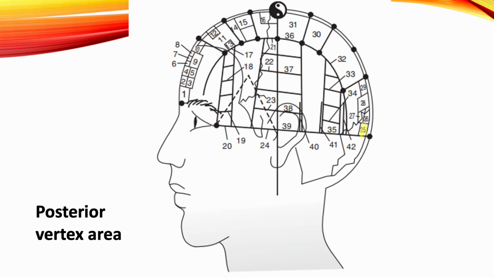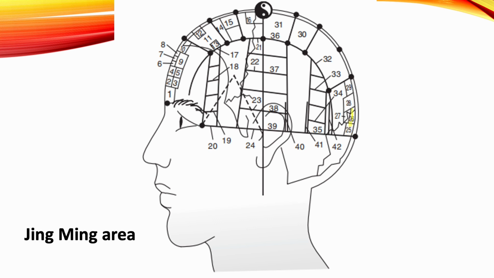Posterior vertex area, number 25. At the lower 1/3 portion, 1/3 diametral orbit from the anterior posterior midline. Qingming area, number 26.